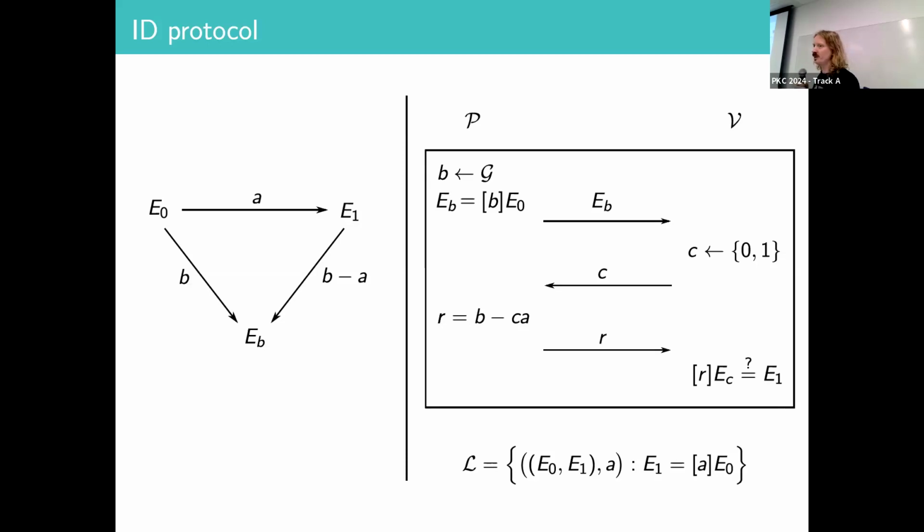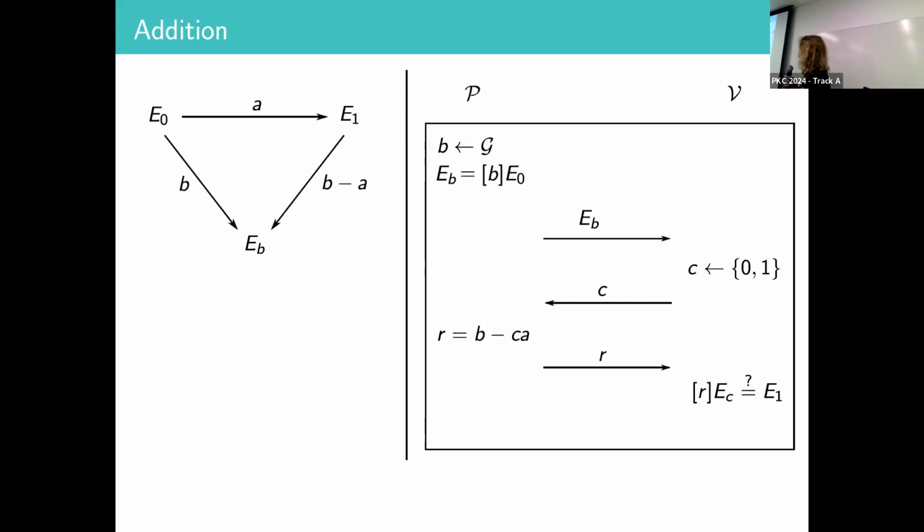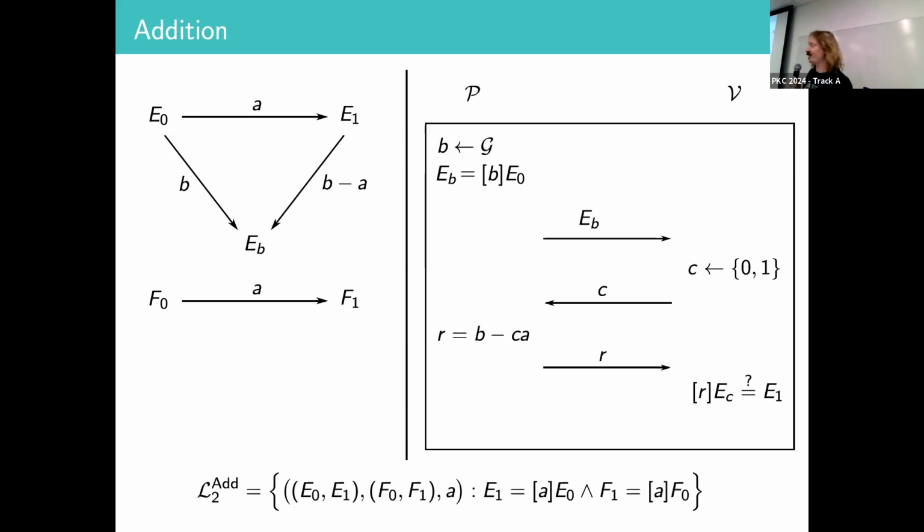So how can we turn this into an addition? We use the same protocol, and basically addition would imply we also want to prove that there's a second curve pair where we use the same A. So why is this addition? Basically it's saying the A that we added to B0 is the same as the A we added to F0. So remember that consecutive applications here is the same thing as addition.